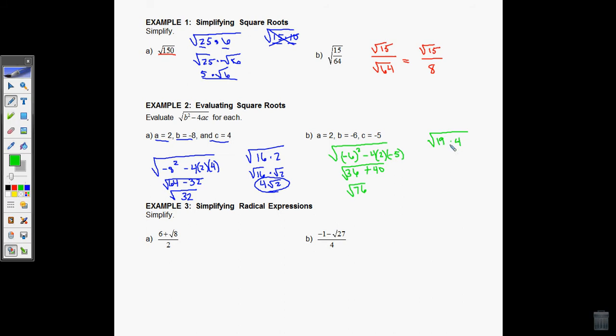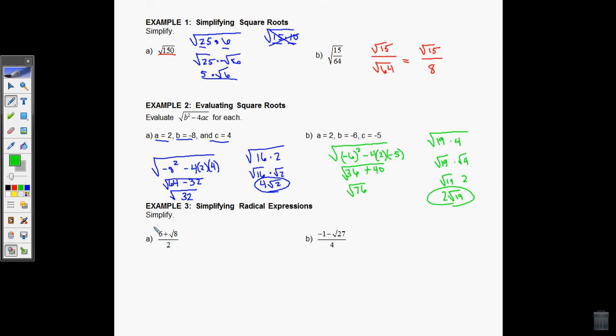Alright, now do we know the square root of either of these two numbers? We do. We know the square root of 4. The square root of 19 times the square root of 4. The square root of 4 is a 2. 2 times the square root of 19, which we like to write this way, 2 square roots of 19. Done and done.